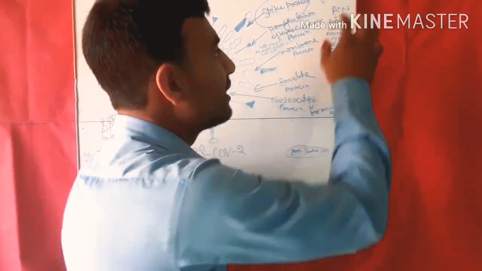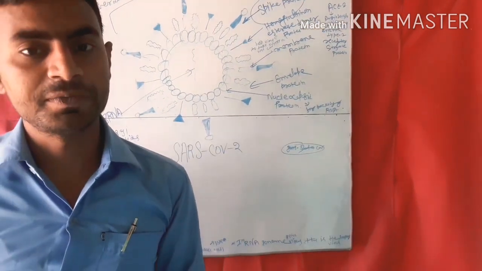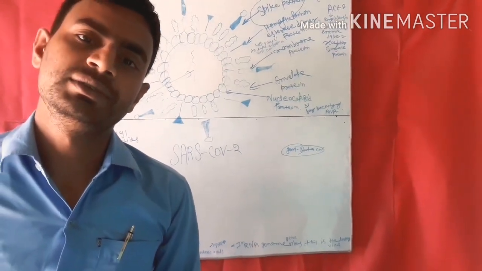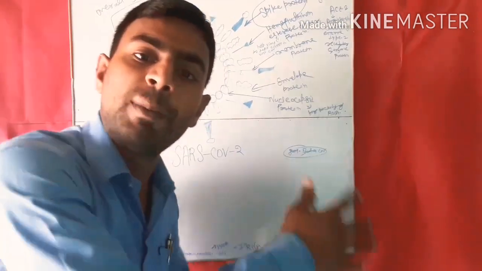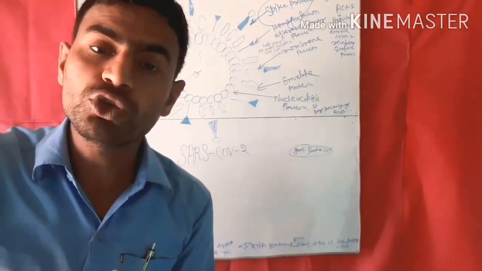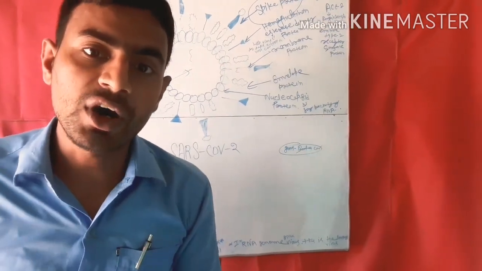This ACE type 2 surface protein is present there, and these parts have a chance of being affected by COVID-19. Also, ACE type 2 is present in the heart.